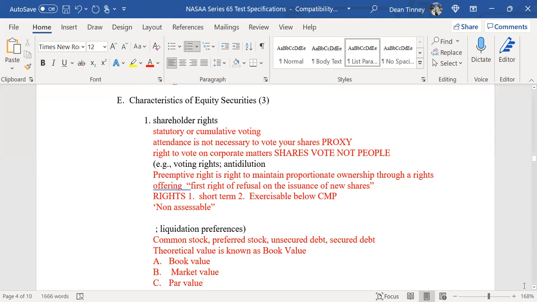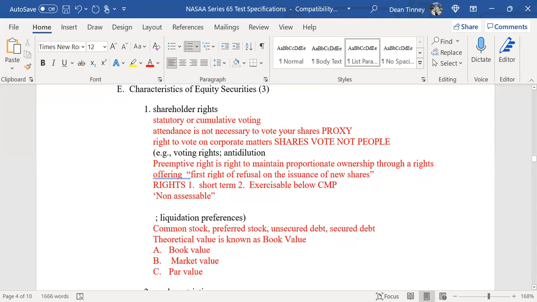If they're asking you the theoretical liquidation value of the business, you would say book value. If they say a supply-demand relationship in the secondary market, that would be market value. Sometimes we refer to market value as market capitalization. What is the market capitalization?